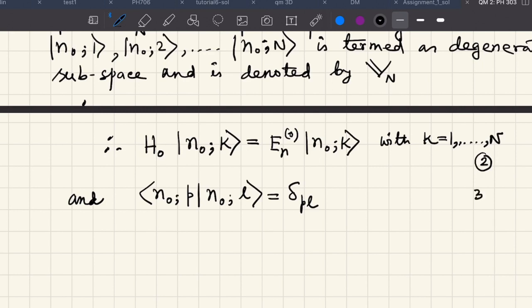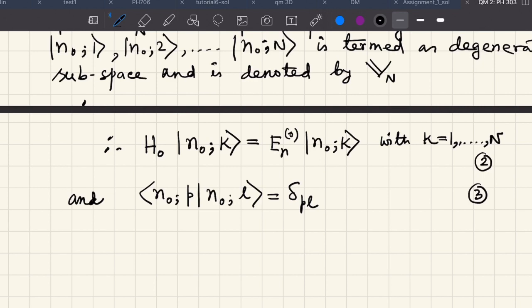And let us call these equation 3. Now let us remember at this stage, or let us actually comment at this stage, that this is not just something we are doing for the sake of calculations. Most of the problems that you face in quantum mechanics in real life will be dealing with degeneracies.